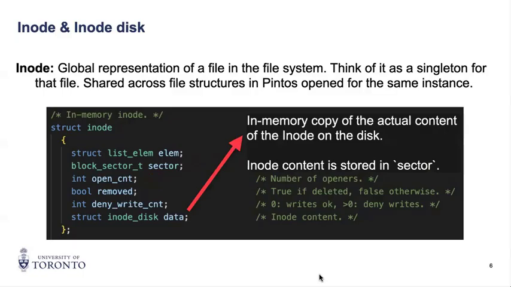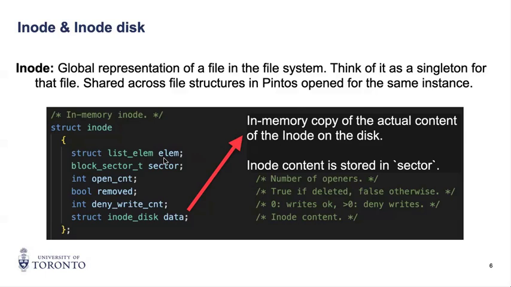Now, the last field is important. The reason why it's called data is that the structure inode disk is supposed to be an in-memory copy of the actual content of the inode on the disk, which we talked about before is stored on the sector here.